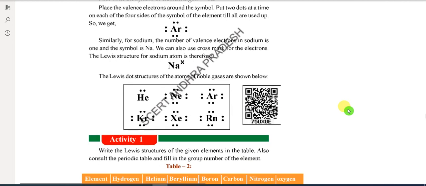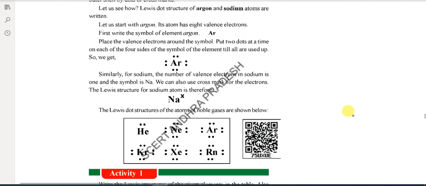The next lesson is chemical bonding: ionic bonding, covalent bonding, the difference between them, and Lewis structure, dots. In dots, very important: except helium, the noble elements have 8. Neon, how many? 8. Around 4 pairs, that means octet.